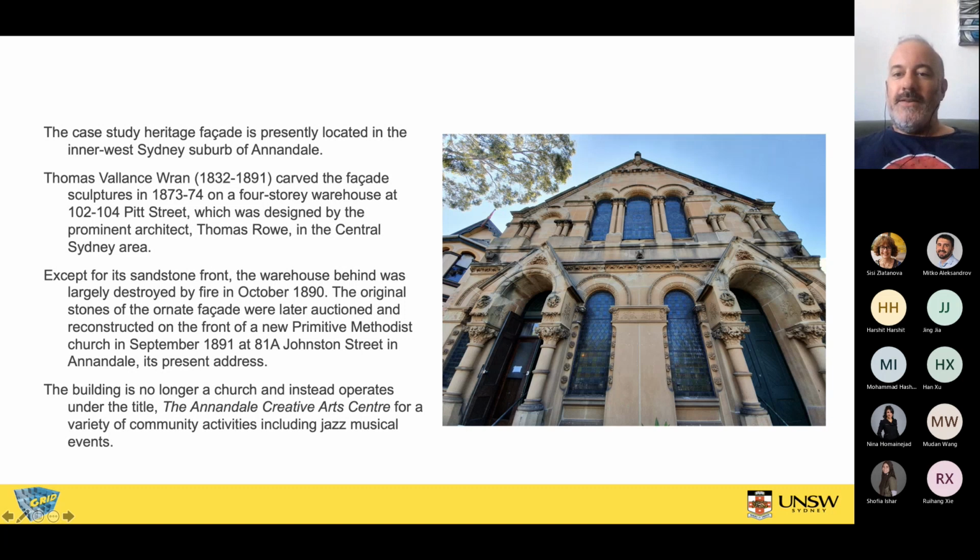But really, such a lot of work has gone into this facade. Not only that, but as you'll see, the carvings represent a very early, if not one of the first, expressions of Australian flora and fauna sculpturally integrated into a building facade.